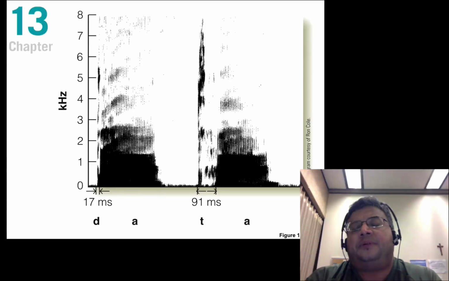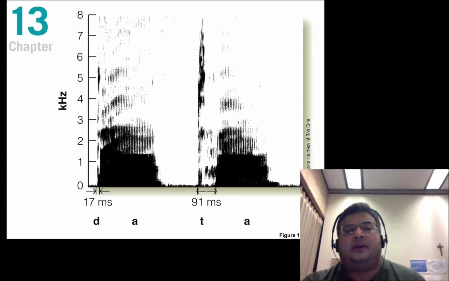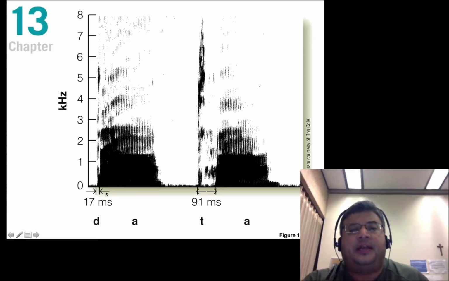So here's an example of a voice spectrograph of the same person saying da and ta. Notice that whenever I start to say d, the onset of the ah part is about 17 milliseconds, and whenever I start to say t, the onset of the ah part is about 91 milliseconds.